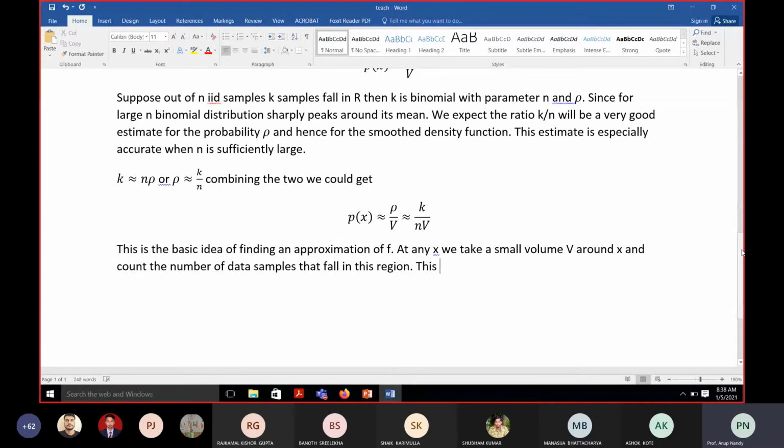This gives an approximate value of p(x). Is that clear?